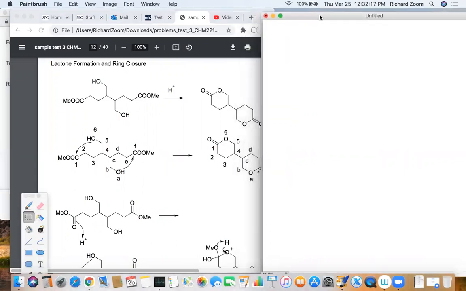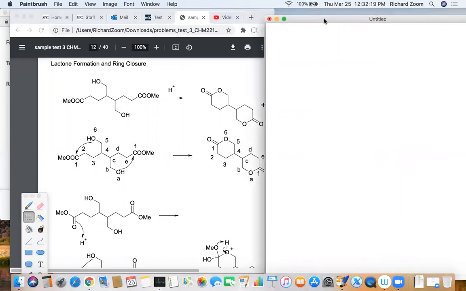Okay, so a student had raised a question the other day about how you can tell which OH is going to interact with which carboxylic acid grouping. Now, the idea here is that we know the reaction of the lactone, and I went through this at the end of the last class, was between something that I'll make an OH, but I know this is OMe.